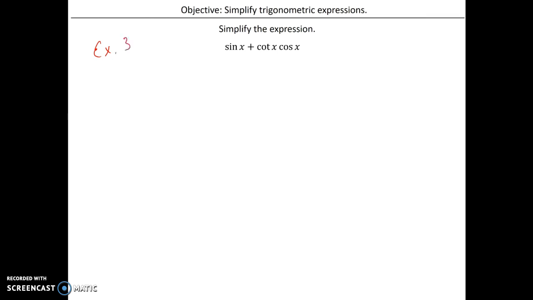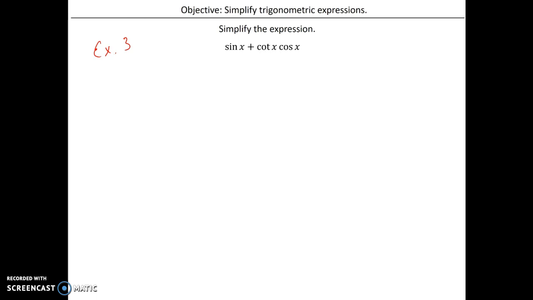In this video, we're going to not factor. The past couple of examples, we've been factoring items out. But if you notice in this example, none of my terms have anything in common.